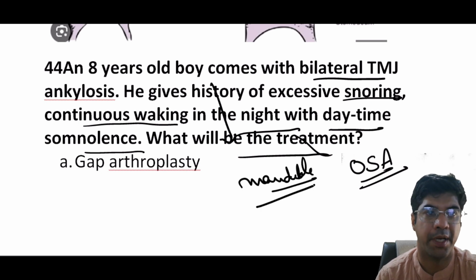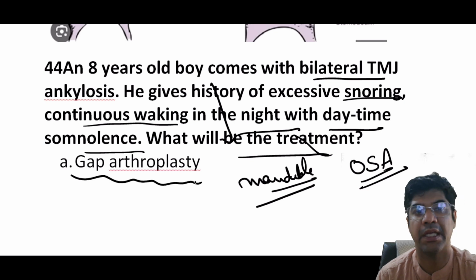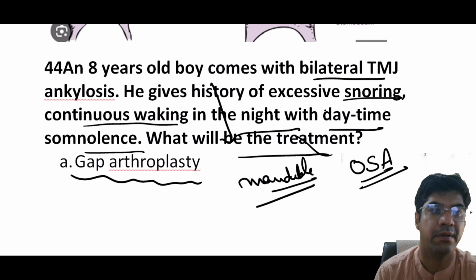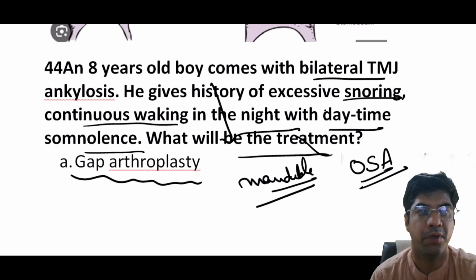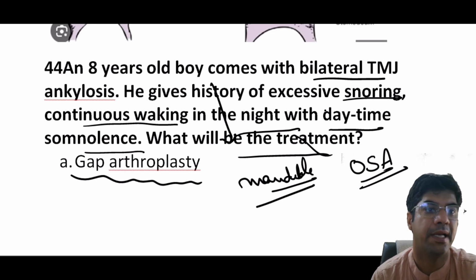Option A, gap arthroplasty. It involves surgical creation of a gap at the site of ankylosis to allow for some movement. So that would not sufficiently improve the airway in the growing child and not address the underlying mandibular deficiency. So it's incorrect.